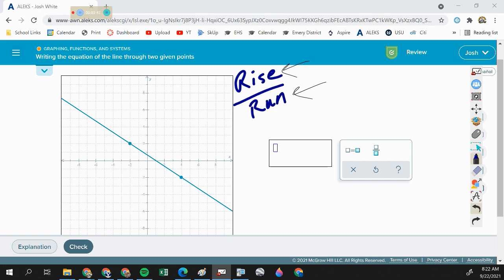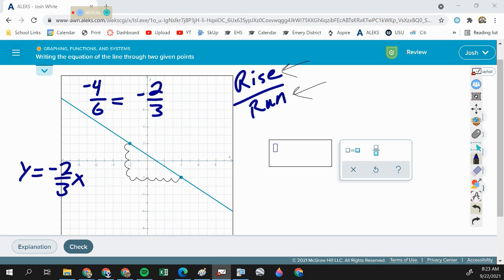So here we have a negative 1, 2, 3, 4 for my slope, and then the run is 1, 2, 3, 4, 5, 6, which simplifies to be negative 2/3. So y is equal to negative 2/3 x, and then what am I going to do for my y-intercept?